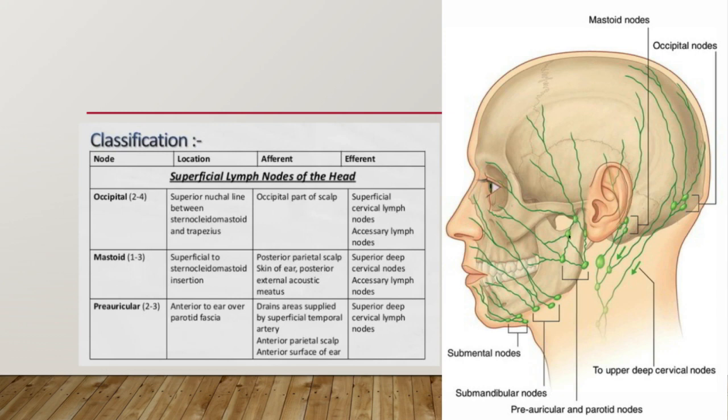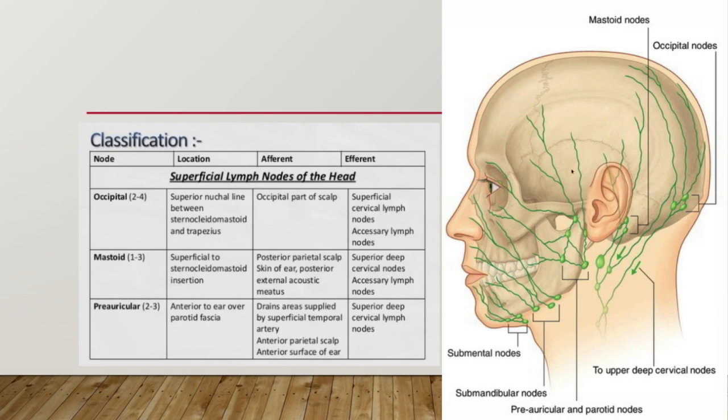Coming to the preauricular group of lymph nodes, this is the preauricular and the parotid group. The preauricular nodes are two to three in number, situated anterior to the ear, above the parotid fascia. They drain the region supplied by the superficial temporal vein and artery, as we saw earlier, so it drains along that vein.